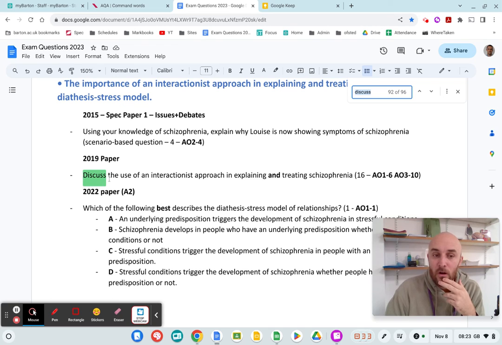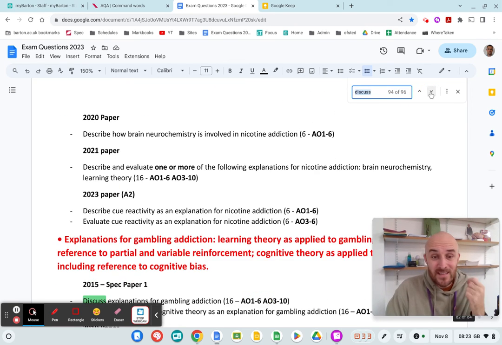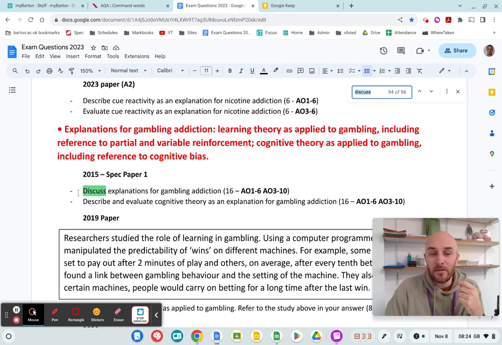You'd have to describe and you'd have to evaluate. From now on, view discuss as describe and evaluate, because for discuss explanations for gambling addictions, all you have to do is describe and evaluate.